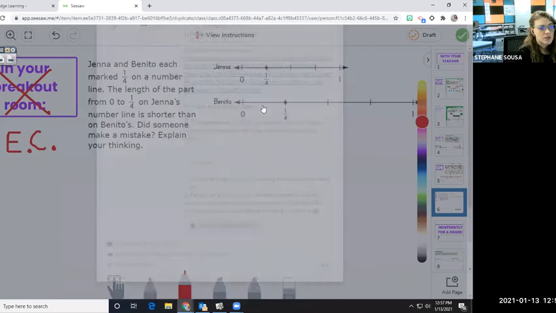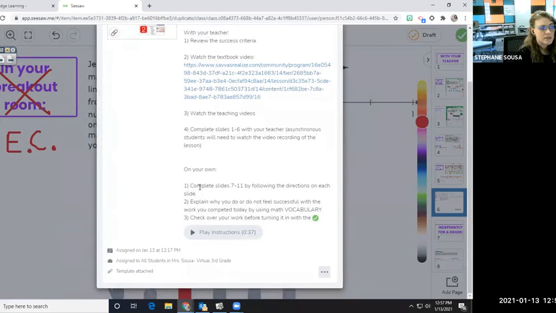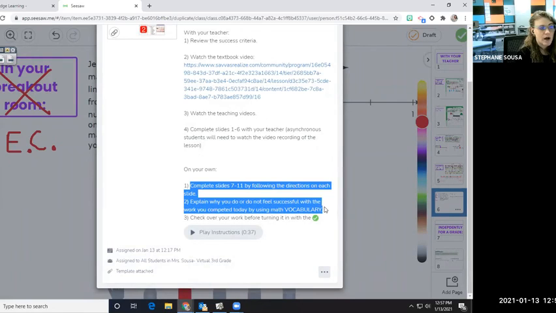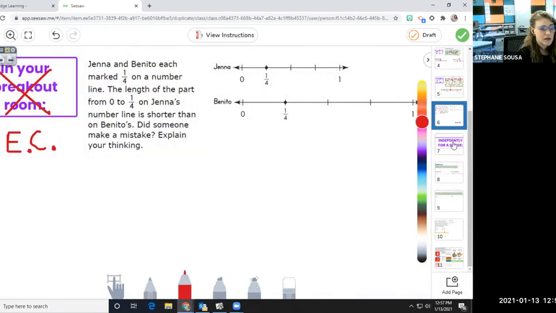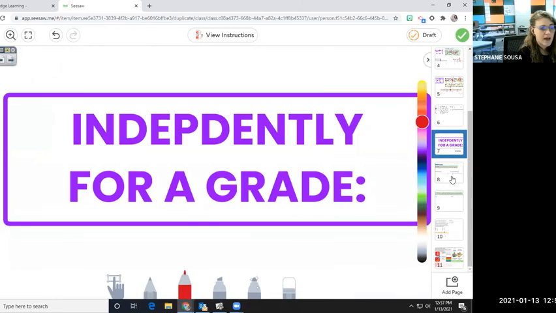Your instructions tell you that you are going to complete slides 7 through 11 by following the directions on each slide. On the last slide, you will explain why you do or do not feel successful using math vocabulary. Again, I want to remind you, it was easy, it was hard, I did it fast, it took me a long time, I was perfect, is not math vocabulary, nor does it tell me that you know what a number line fraction is.